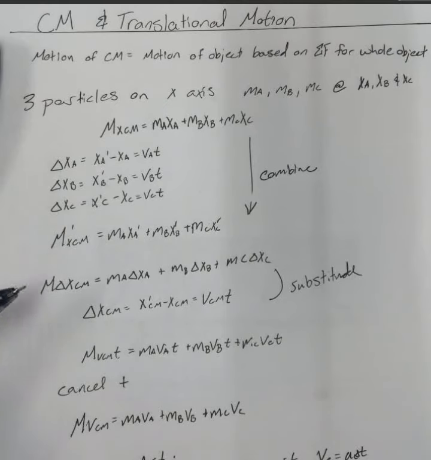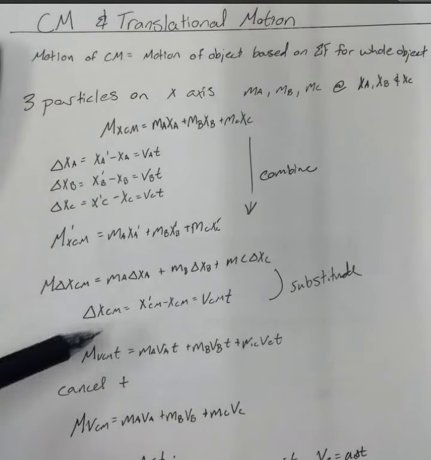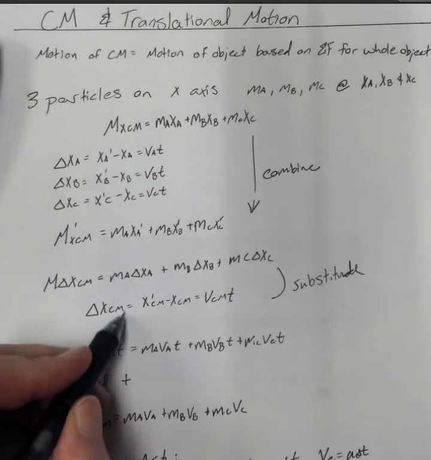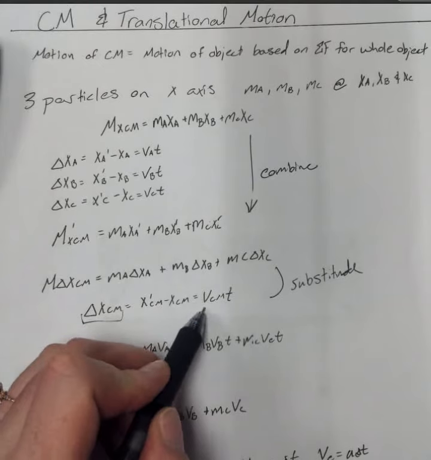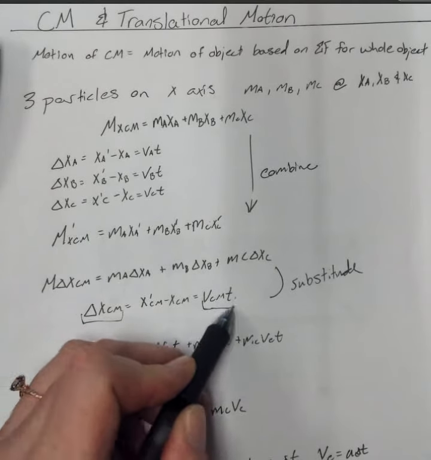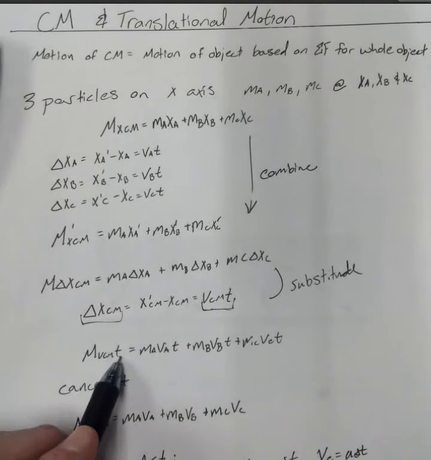So the change in the center of mass location could be given by combining those two equations. And now, instead of the change in position here, we can substitute in the center of mass's velocity times time.